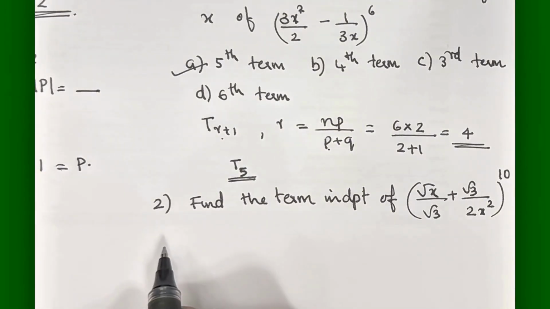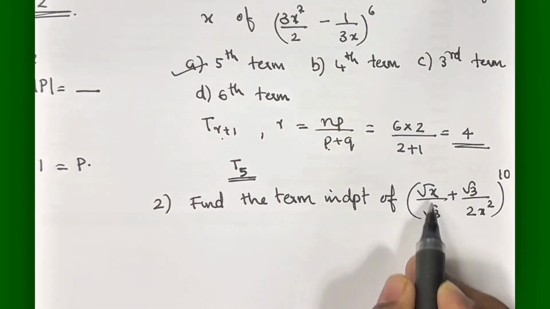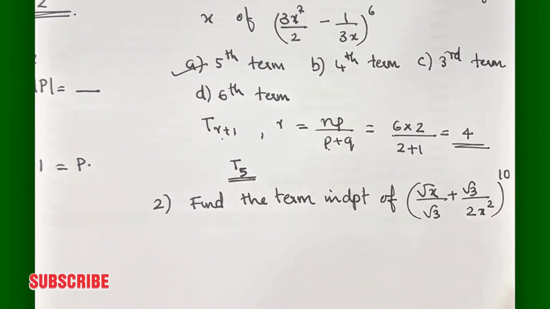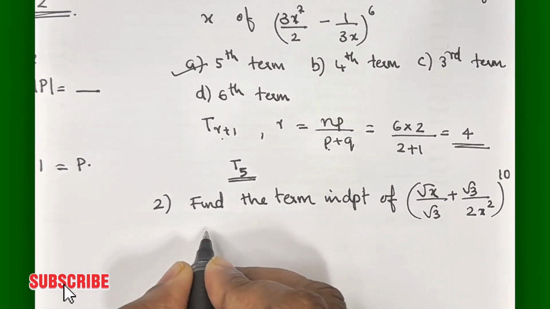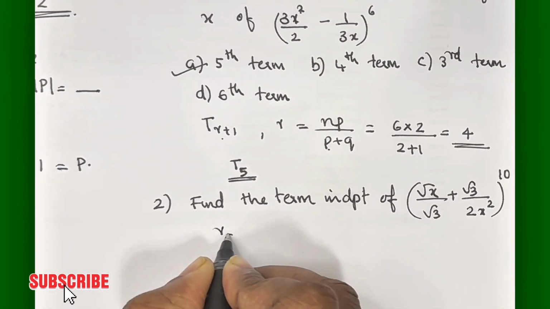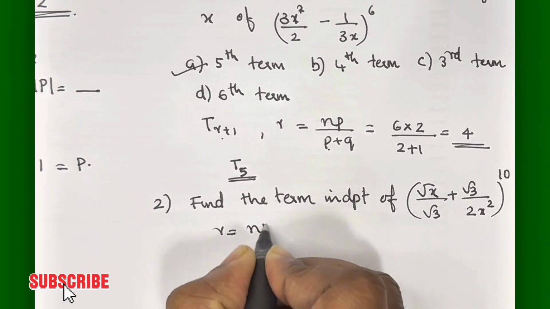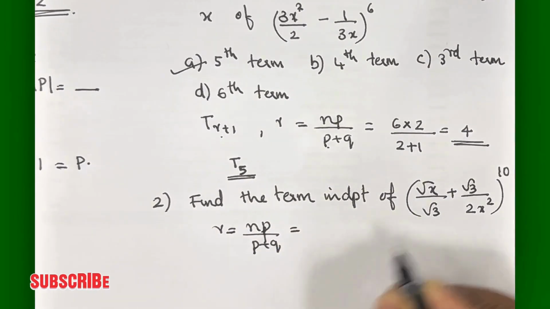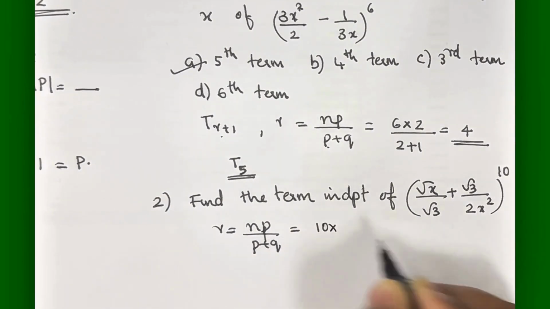Let's try another example. Find the term independent of x of (root x by root 3 plus root 3 by 2x squared) whole to the power of 10. So the term independent of x will be T(r+1). Therefore, first calculate r. r is equal to np divided by p plus q. That is, n is equal to 10 here, so 10 into, here the first term is root x.